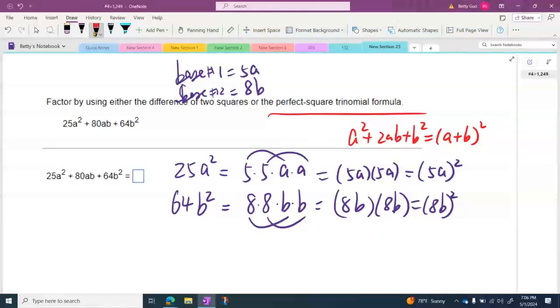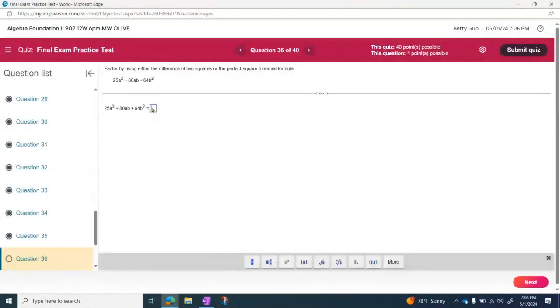You got your first base, you got your second base, add them up to the power 2, right? 5a plus 8b. So type parentheses to the power of 2.